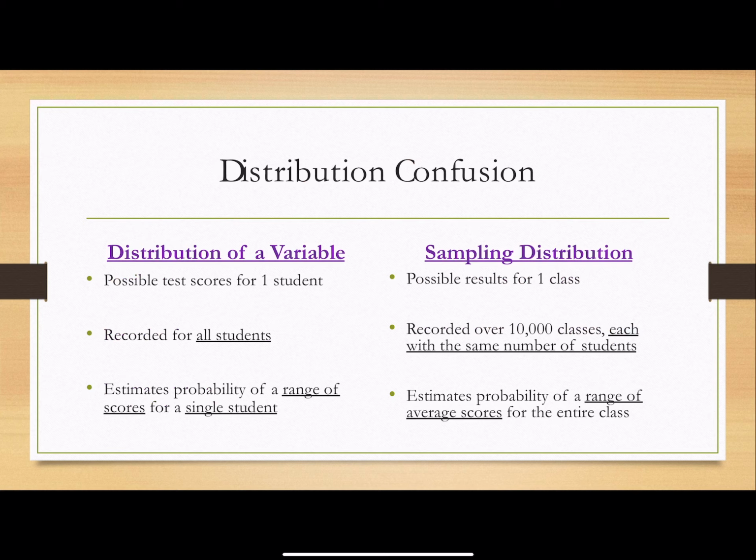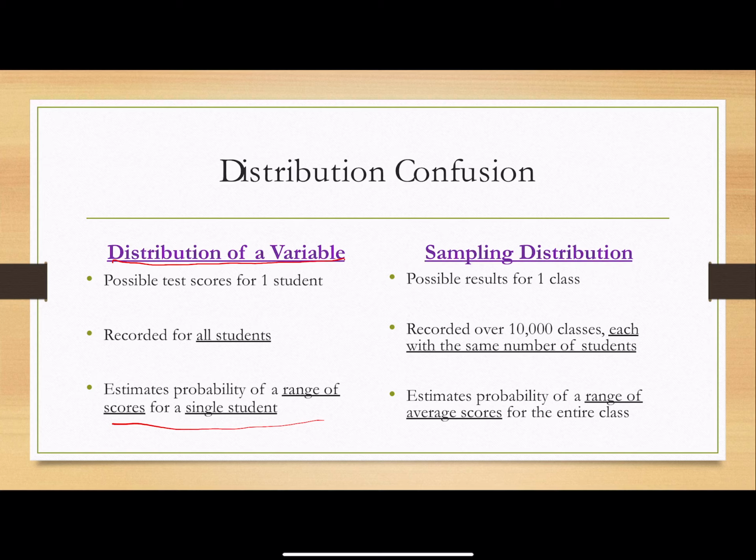Now, we had this slide previously. So I want to remind you that when we have a distribution of a single variable, each data point is the score for an individual student. The point of doing all that is to estimate probability for a single student to get a certain score or in a range of scores.